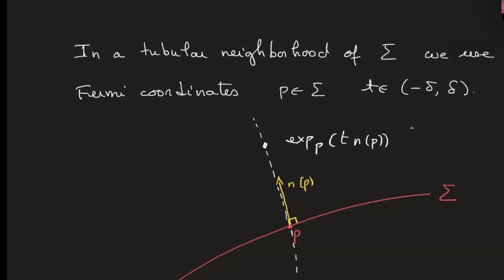So you are going to flow along the geodesic that starts from P and has velocity the normal vector field to sigma at the point P. Okay, so you flow until time t, and so this gives you a nice description of a tubular neighborhood of sigma as a point in sigma, and then t belongs to some small interval, let's say minus delta, delta.